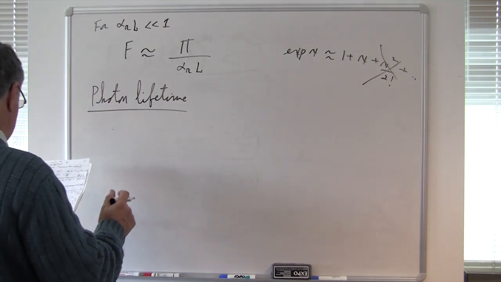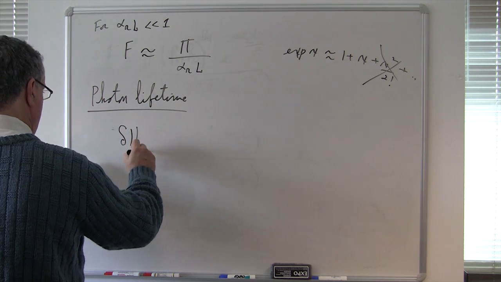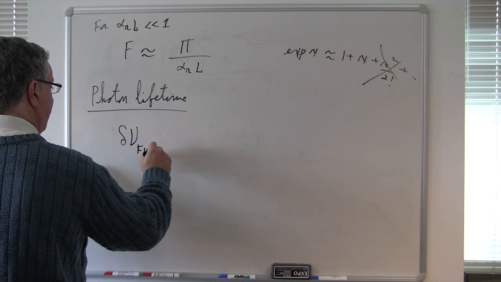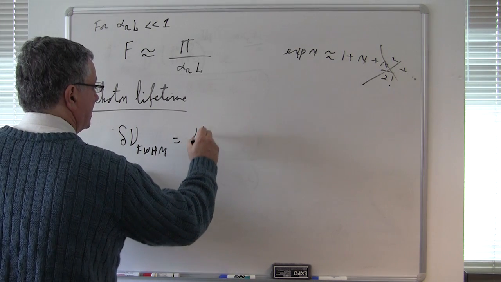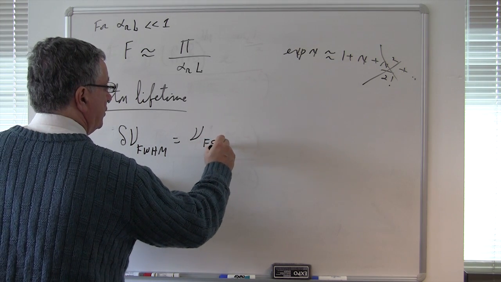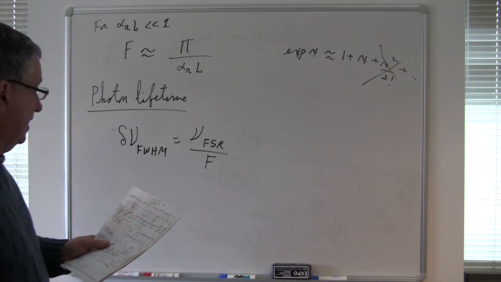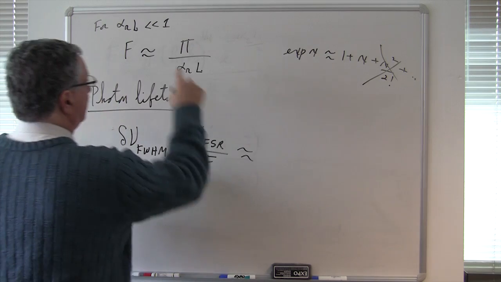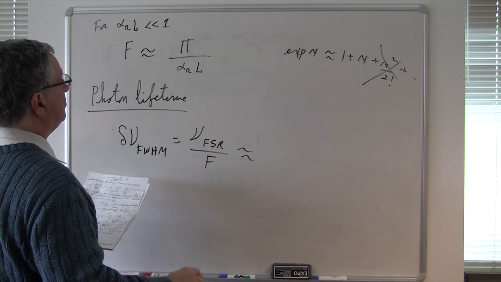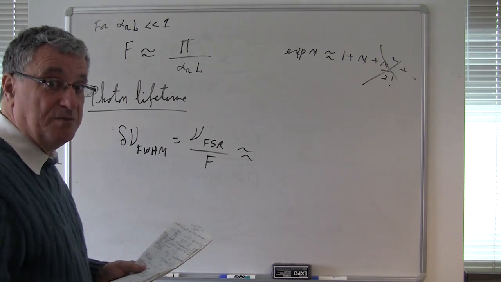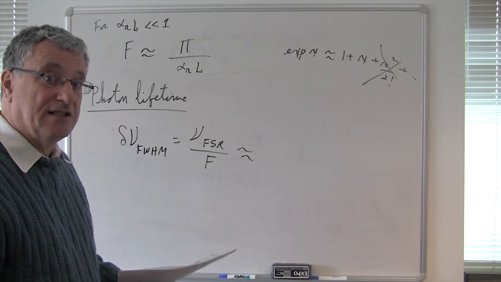What we're going to do is use delta nu, the full width at half max, the expression we have gotten before, which is expressed in terms of the free spectral range, you remember that, divided by the finesse. Now, we're going to use the fact that the finesse is approximately given by this expression in the case where the distributed loss is small. It means that the mirror reflectivity is high and the background absorption is low.